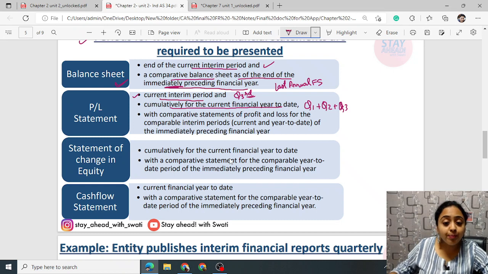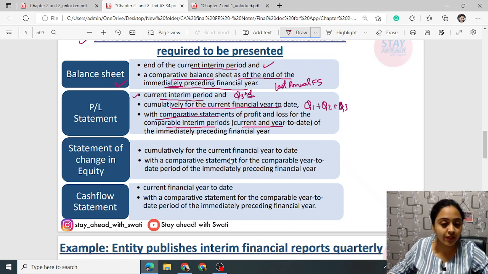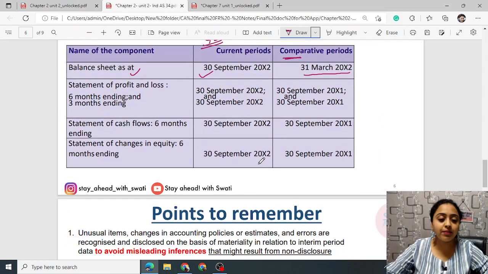Next, the comparatives. What are the comparatives needed? The P&L for the comparable interim periods, that is the current year to date, of the immediately preceding financial year. Let's see the example.